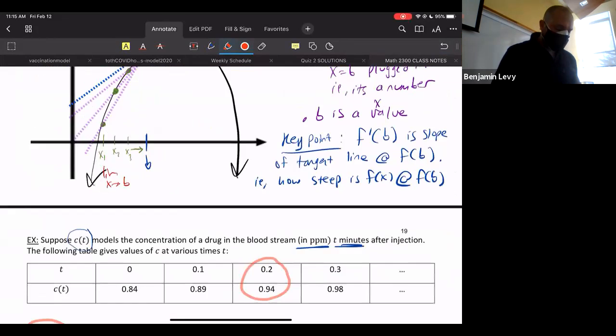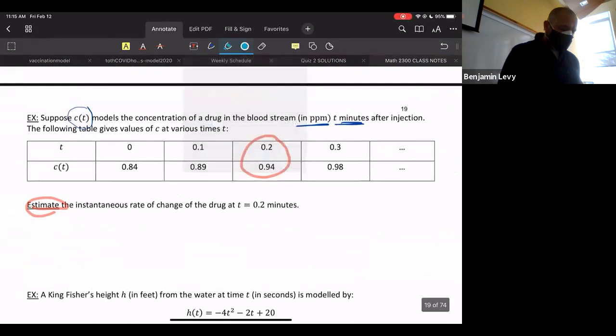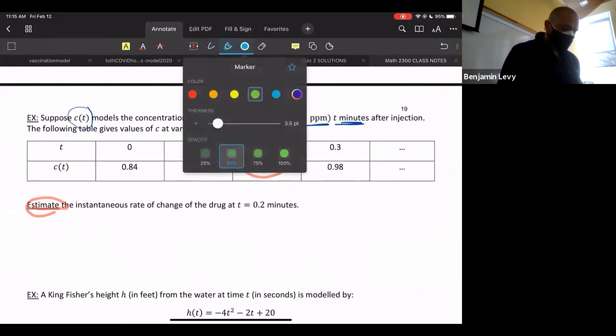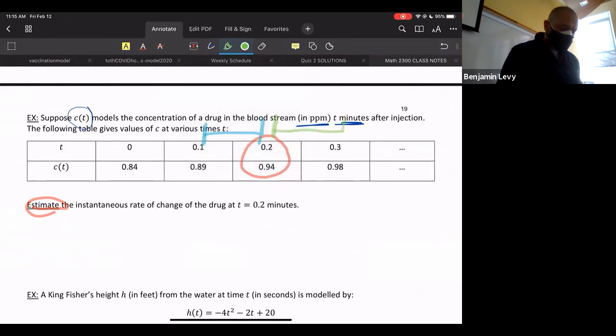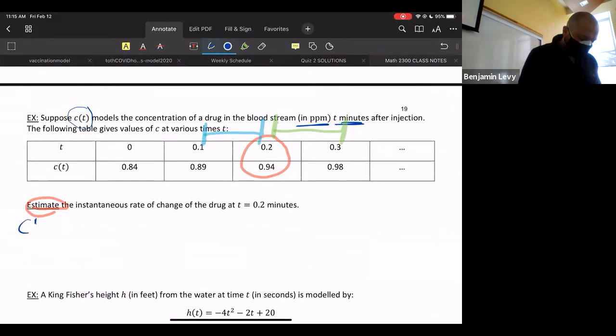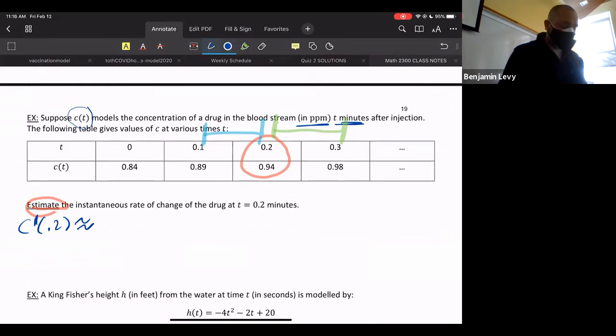Let's look at it color coded again. We'll look at the average rate of change from here to here, and then from here to here, using those 2 colors, and then we'll take the average of those 2 things. So the derivative C prime at 0.2 is approximately, right? The squiggly equal sign is important. It shows that we're not being exact; we're approximating this. And I'm going to use the formula above.